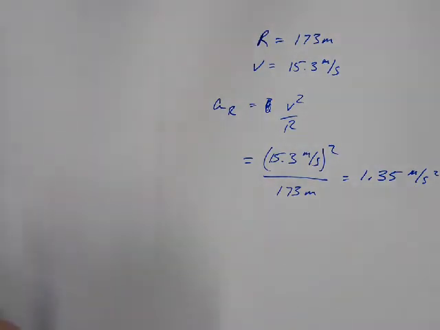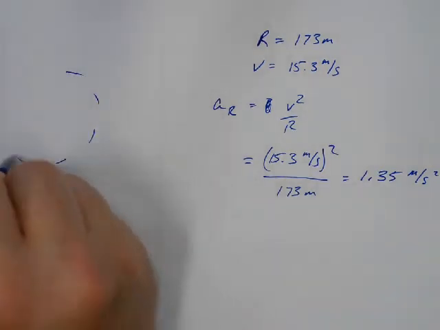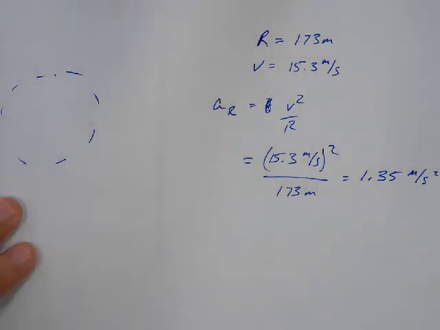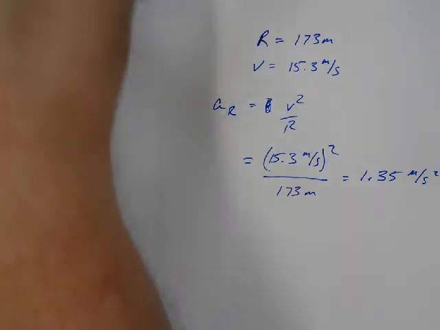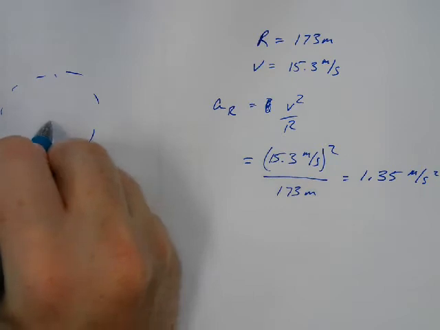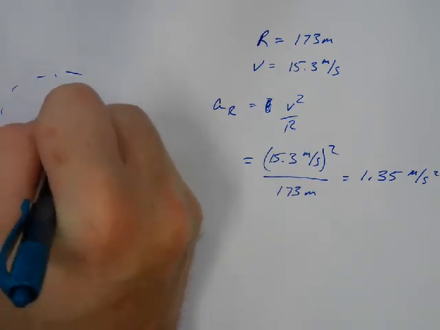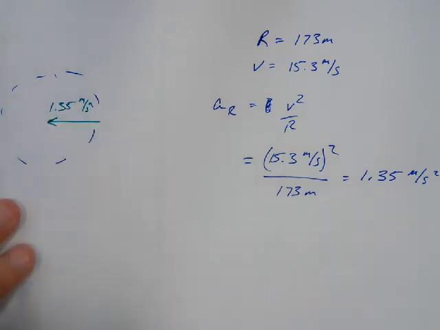So now what we're going to do is draw a picture again. Right, so there's my circle. But what's happening is at some particular instant in it, I have this radial acceleration, which is 1.35 meters per second squared, and it looks like that.